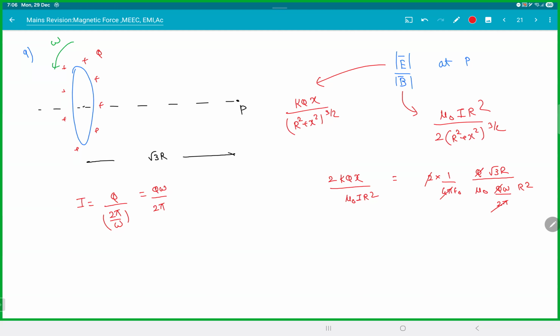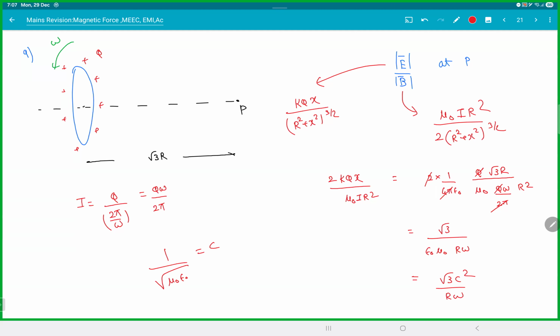Q goes off. There's an r square also. Q root 3 r. So that would be root 3 r. And r also goes off. This will be 1 by epsilon mu naught r omega. But I hope you guys remember what is 1 by root mu naught epsilon naught, speed of light. So if you square on both sides, this will be root 3 c square by r omega.